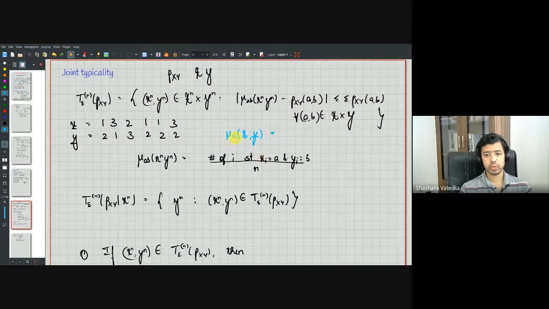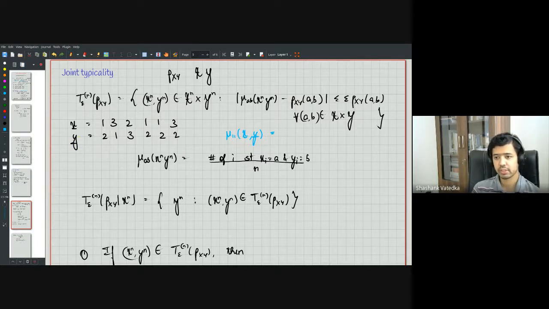So mu_11 of xy is the fraction of i's such that x_i equal to a and y_i equal to b. So in this case, what is the fraction going to be equal to? What is mu_11 for this particular pair of sequences? It's 0.